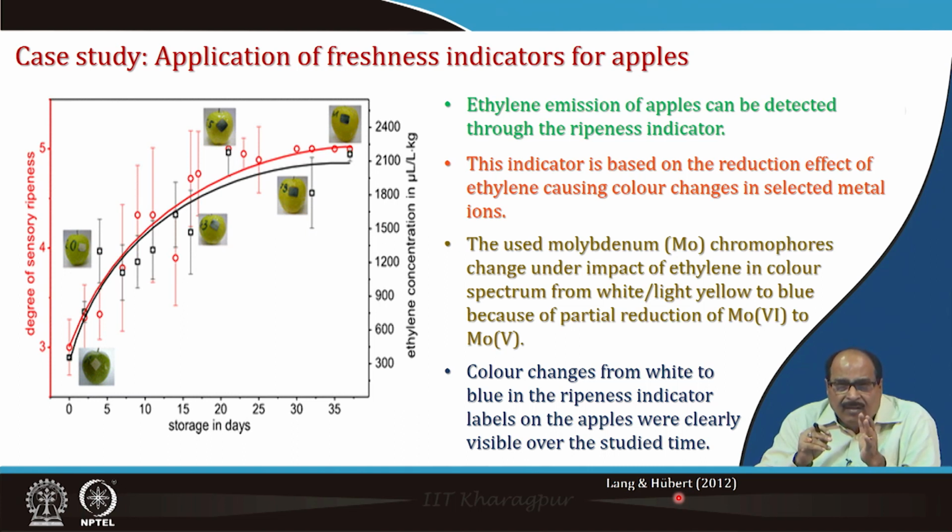So, the color changes from white to blue in the ripeness indicator labels on the apples were clearly visible over the studied time. Okay.